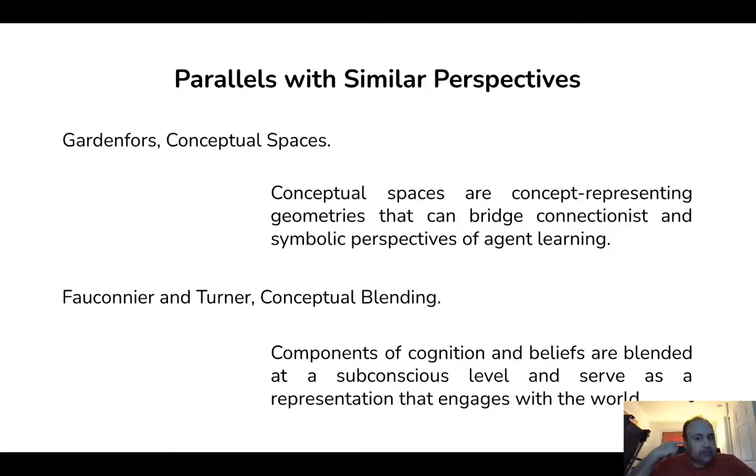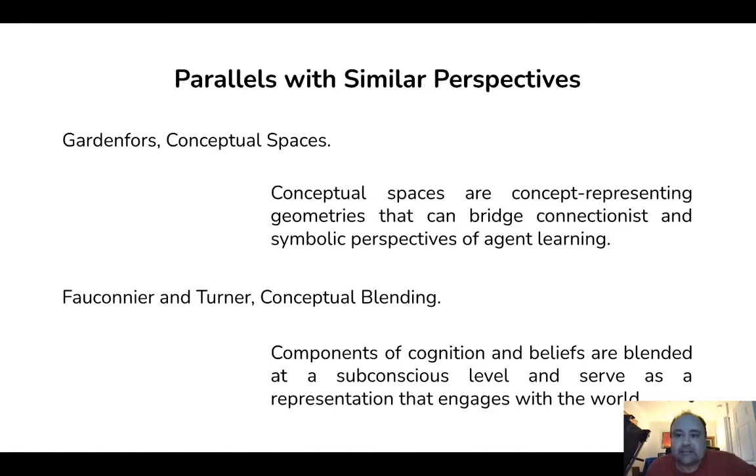And so this has parallels with similar perspectives. I wanted to mention this before we end because I think it's important to know where we're not necessarily taking from, but this is a parallel. These are parallel perspectives. There's Gärdenfors, who proposed something called conceptual spaces, which is more cognitive science oriented.